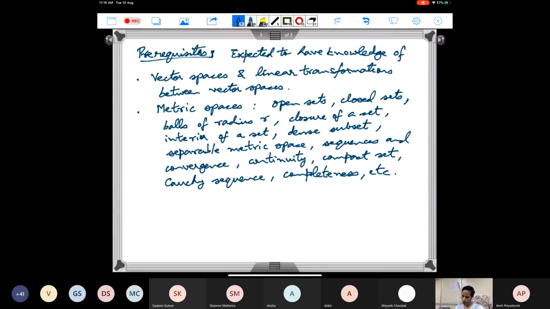If you know inner product space also, it is good. Otherwise, anyway, I'll recall the main things about inner product spaces when we come to it. So vector spaces, metric spaces, a little bit of general topology, point set topology.